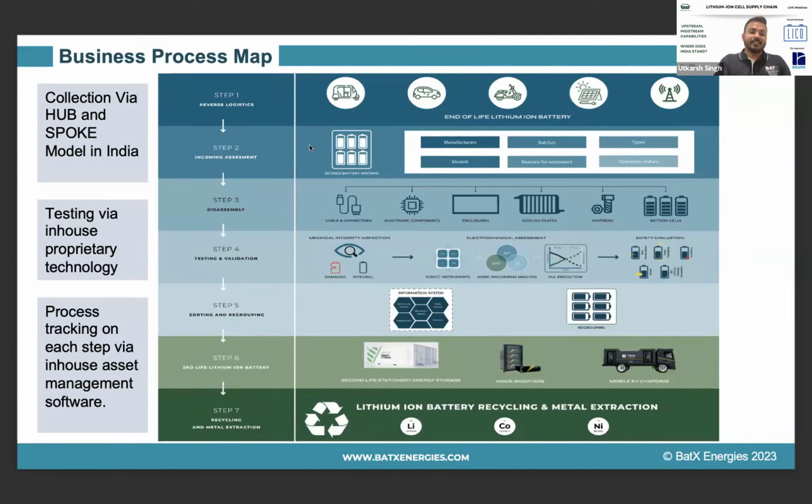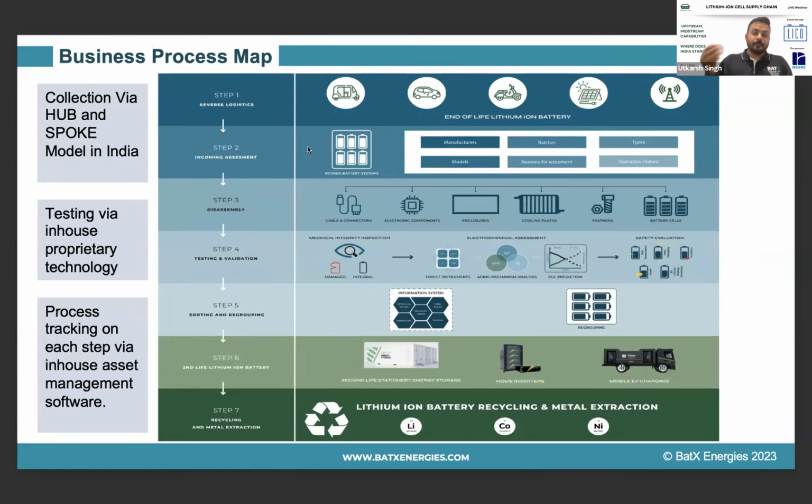That is a hidden gem in the process, because if you look at the Chinese recycling system, the cell or battery pack manufacturing companies there use BMS, which captures the entire life cycle and the cell or module performance over the years.